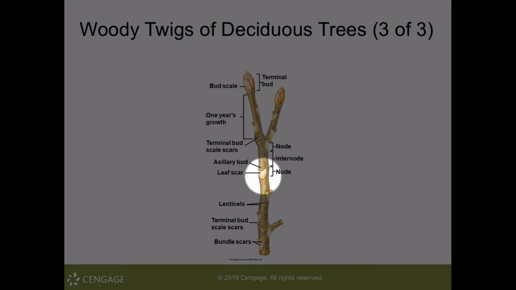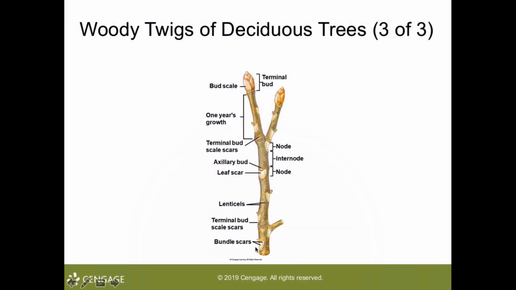Now we have that leaf scar. Along with that leaf scar, I repeat, are those bundle scars. You can see those bundle scars being labeled there, and that was for the vascular bundles. So I've done that with you, and keep in mind these things, especially for lab.